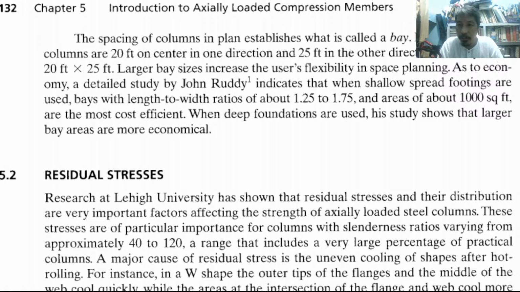So when we say bay, that is the column to column. For instance, if the columns are 20 feet on center in one direction and 25 feet in the other direction, the bay size is 20 by 25. So that is what we mean by bay.